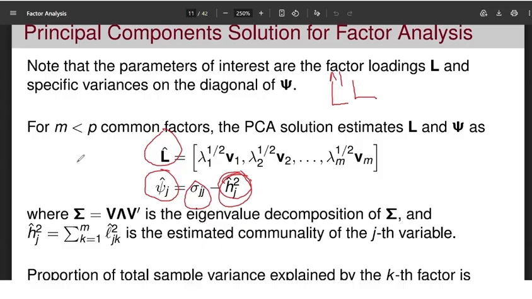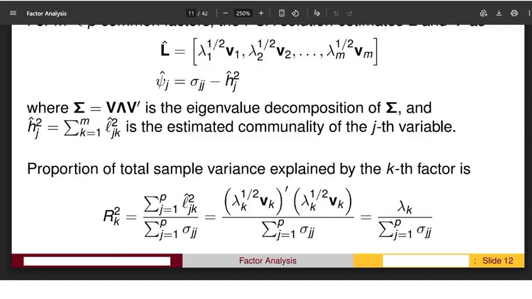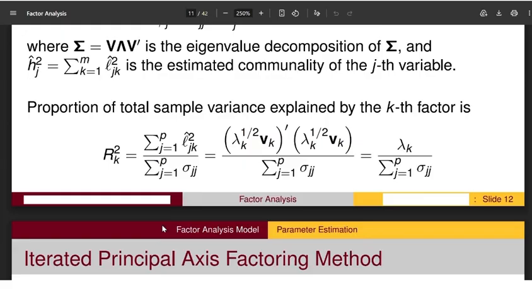And if I want to know the percentage, let's say for instance, the proportion of total sample variance explained, because I'm using the principal component approach, I'm only going to consider the ratio of the one explained by that factor divided by the total. Now, I need you to pay attention.